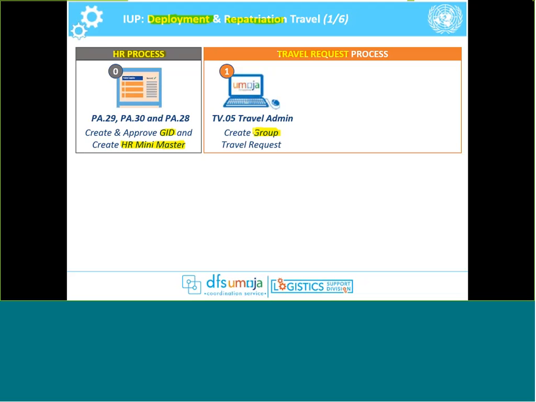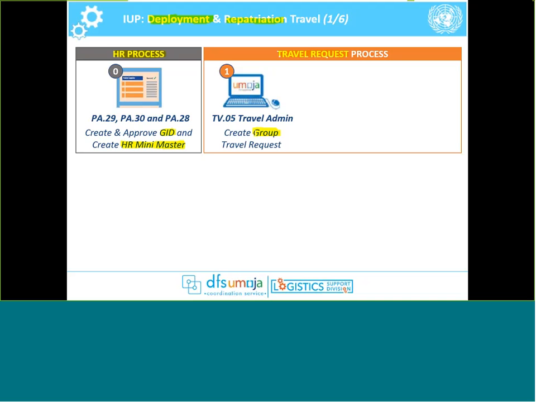The travel administrator can raise a unique group travel request, including one or several UPs. The process is the same no matter if we have only one or several. So we always use the same solution to deploy UPs.